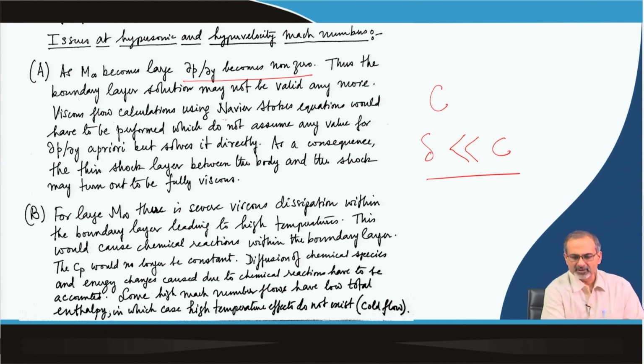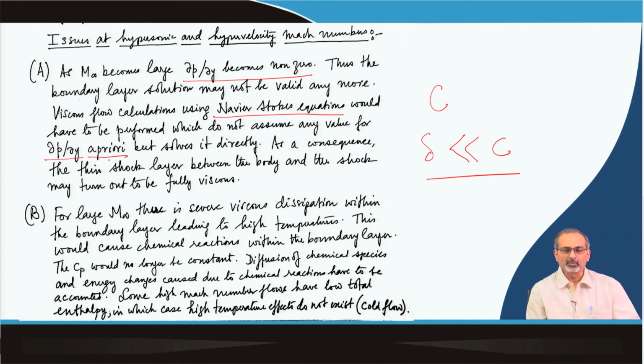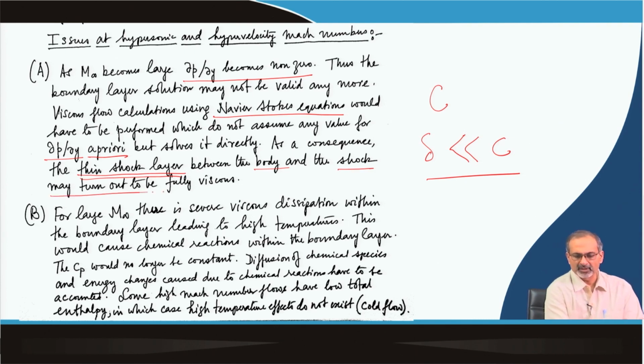In such a case, we have to go for a complete viscous flow solution using Navier-Stokes equations, and such equations when solved, they do not assume any value for del p del y a priori. It is solved automatically when the governing conservation equations are calculated. As a consequence, the thin shock layer that we are familiar with at hypersonic conditions, which lies between the body and the shock, may turn out to be completely viscous.